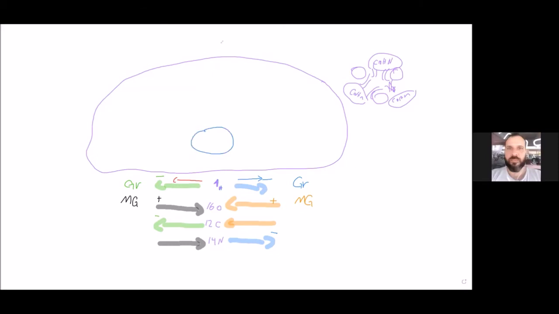And the sun is here. The interactions between the two give us the nitrogen, the carbon, the oxygen, and the hydrogen.